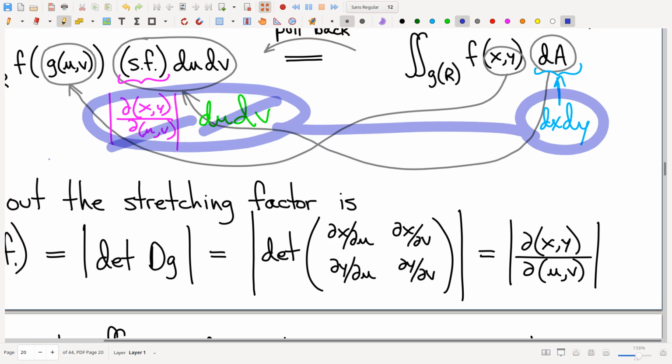Now, they don't. There's not an actual cancellation here. Long list of reasons, not the least of which, this is not a fraction. This is notation that we made up for highly questionable reasons, as being vaguely suggestive of what we're actually looking at. So this is not a cancellation.